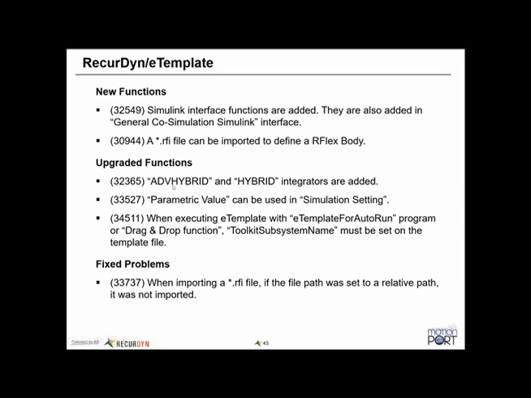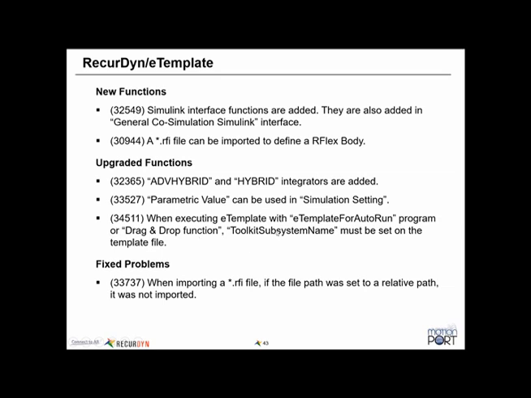You can specify these different integrators, advanced hybrid and hybrid. You can use parametric values in the simulation settings, like for setting the end time of simulation, things like that. And there is the ability to run eTemplate with the eTemplate auto run program.